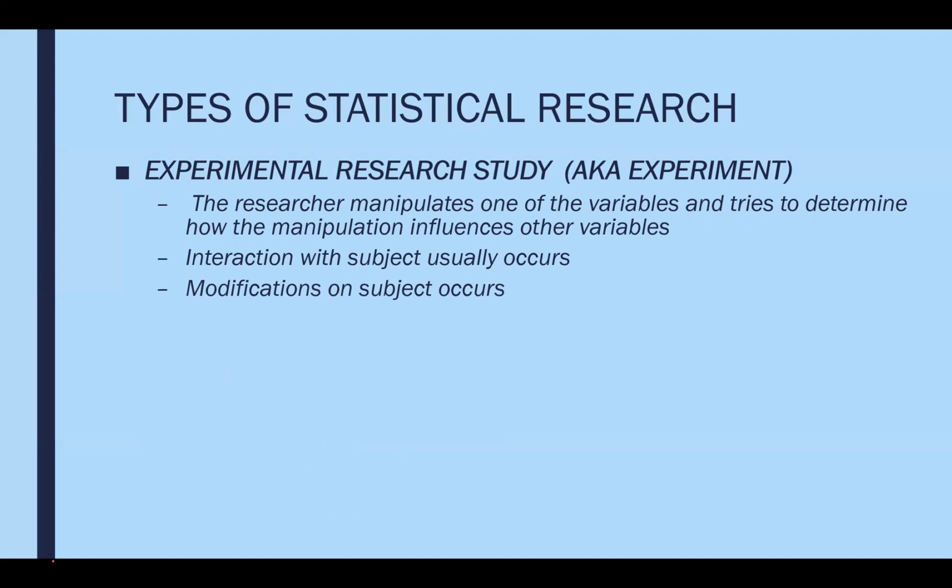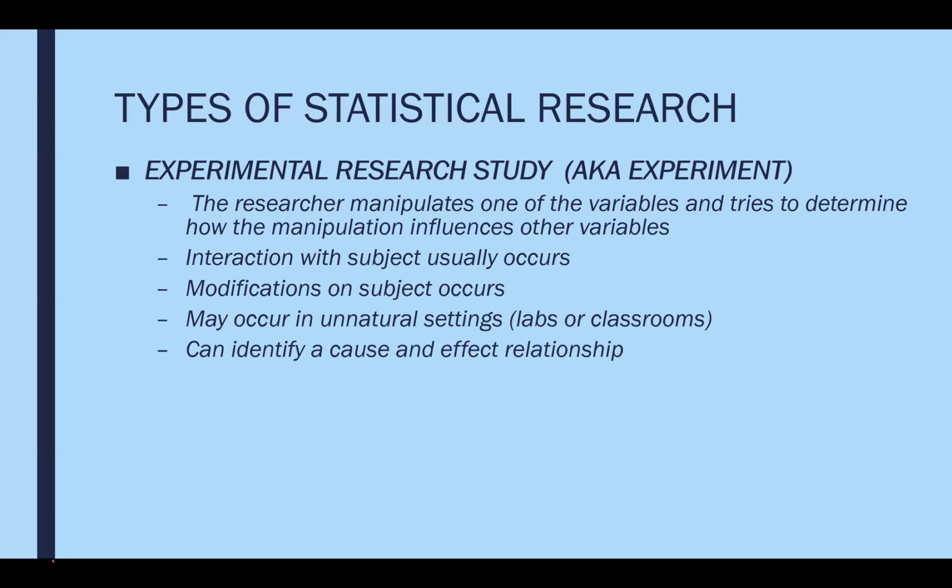Again, there are modifications because one group gets treatment, one group does not get treatment, and they may or may not know whether or not they're getting that treatment. Oftentimes, an experiment will occur in what's considered an unnatural setting, like a classroom or some sort of laboratory, or the participants have to physically go to a lab or to a particular setting in order to get the medication.